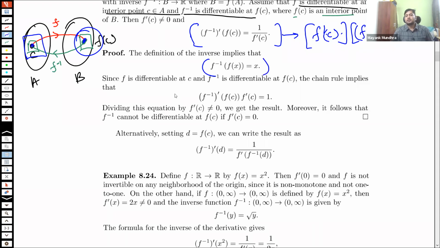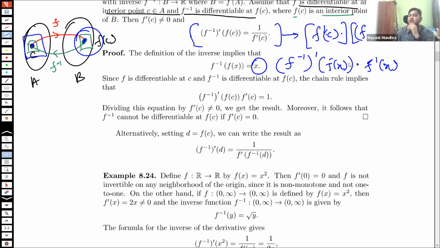The differentiation of the left hand side is going to be f inverse prime at f of x into f prime of x. And the differentiation of the right hand side is just the differentiation of x, which I know is equal to 1. So f inverse prime at f of x will be equal to 1 upon f prime of x.